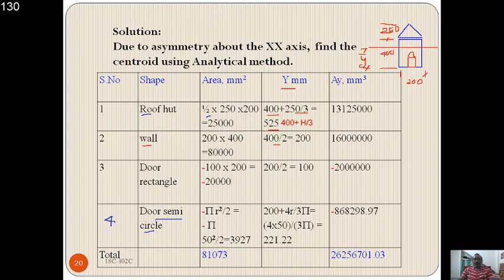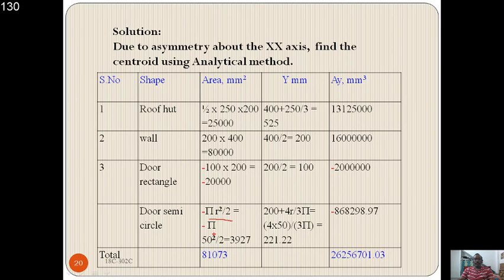That is the area to be deducted, hence it is negative, so a negative sign has been given, and you can see the values in negative. Similarly follow the procedure for the semicircular area: pi r square by 2 is the area, and the semicircular centroid is 4r by 3.